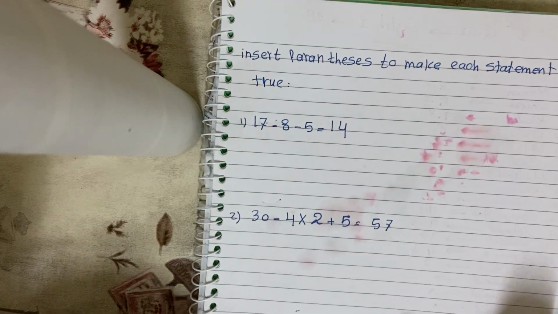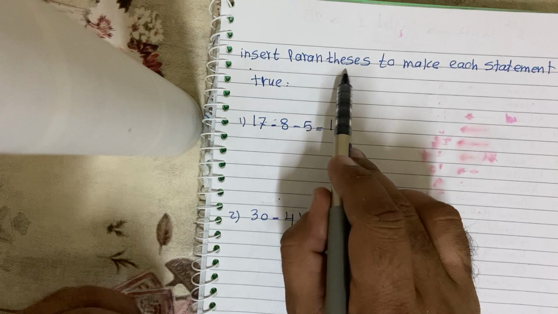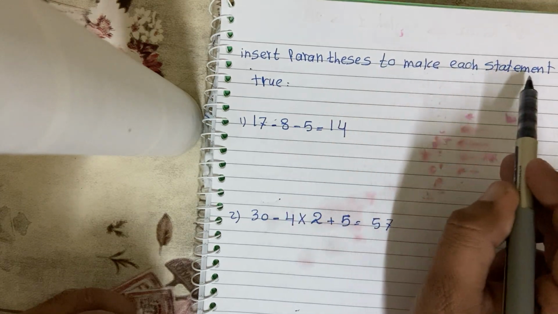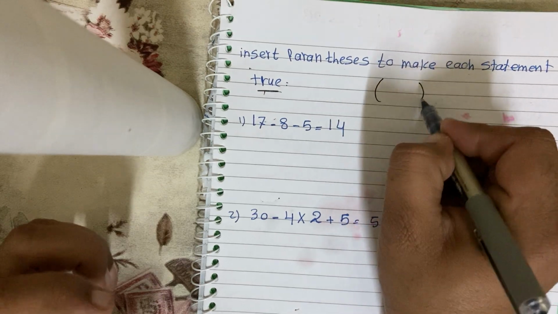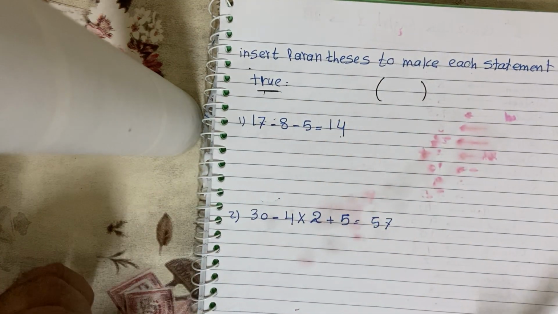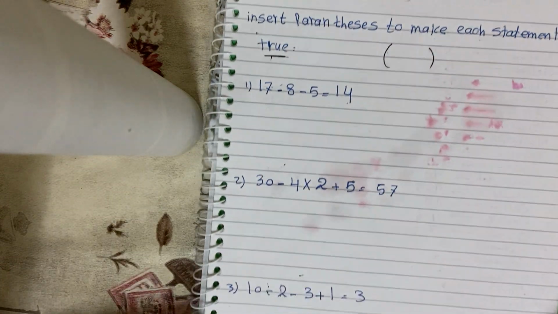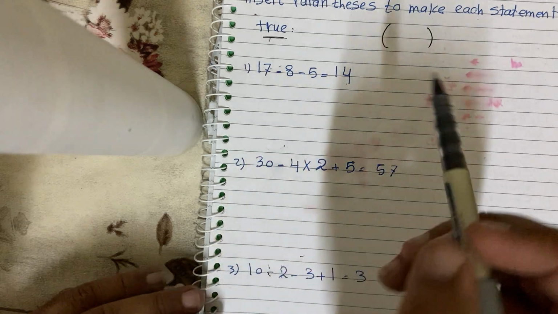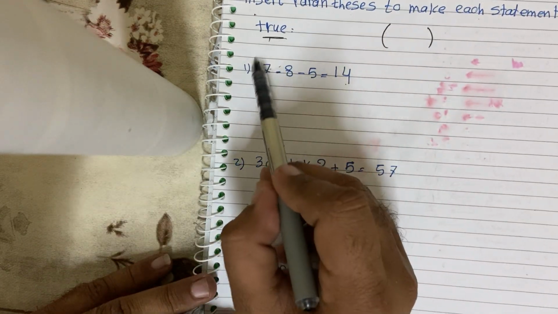Here, another example. Insert parentheses to make each statement true. We need to insert a bracket. In this example, to make the exercise true, we need to insert a bracket. How do we insert a bracket? Let's try here, the first one.